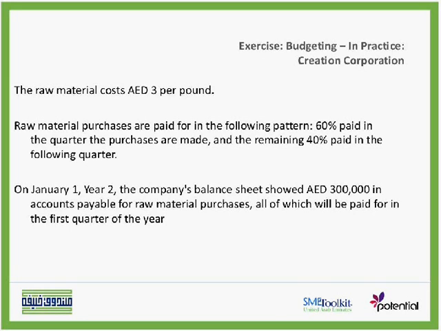On January 1, year 2, the company's balance sheet showed 300,000 dirham in accounts payable for raw material purchases, all of which will be paid for in the first quarter of the year.